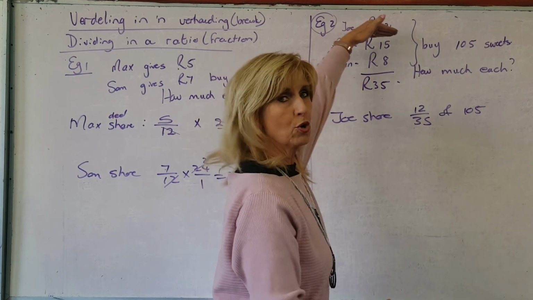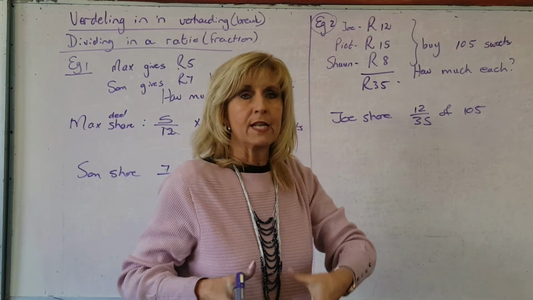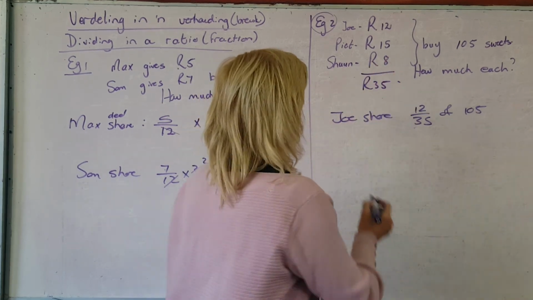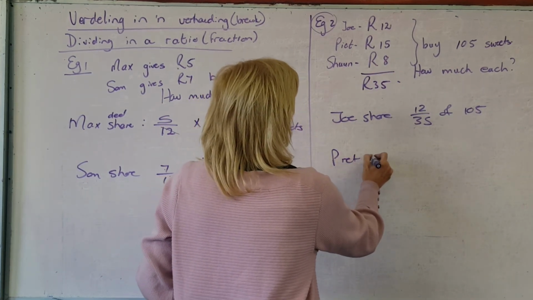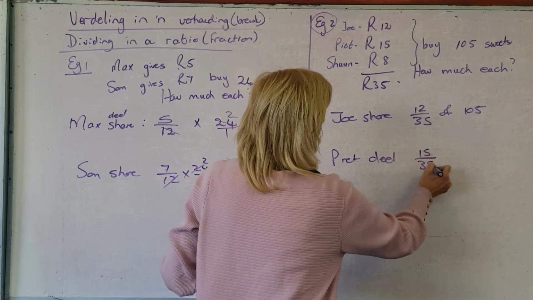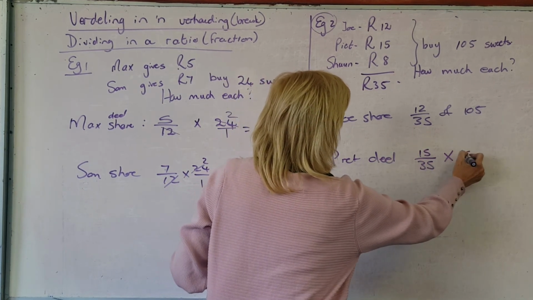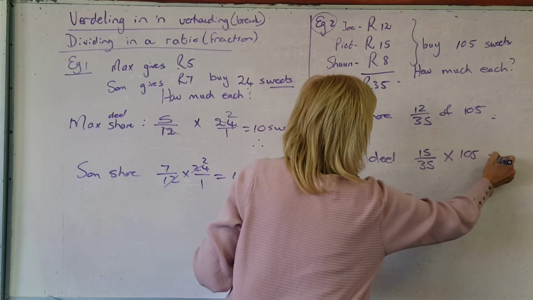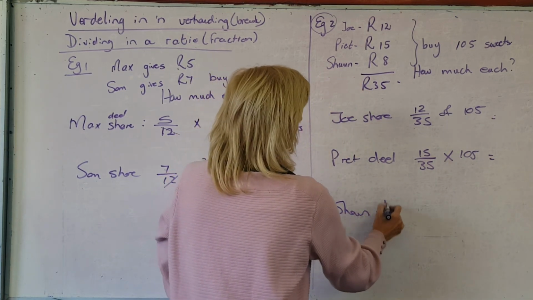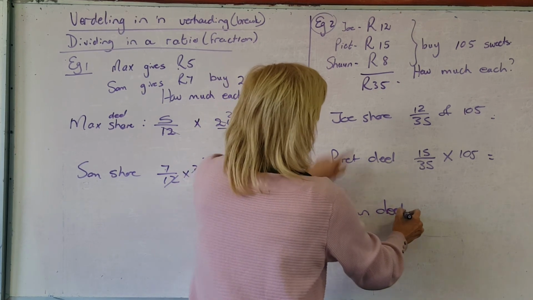So jy moet eers gaan optel hoeveel geld was daar. The second one, Pete, his share would be 15 out of the 35. Of becomes multiplication 105. We're going to do the sum just now. And obviously then Sean, well, his share, sy deal sal wees 8 out of 35.